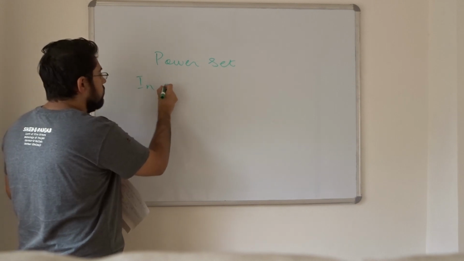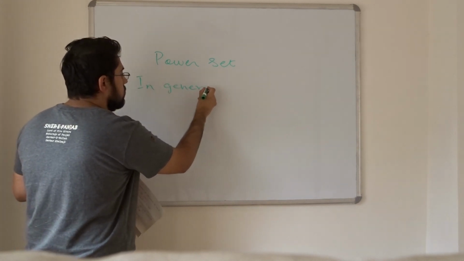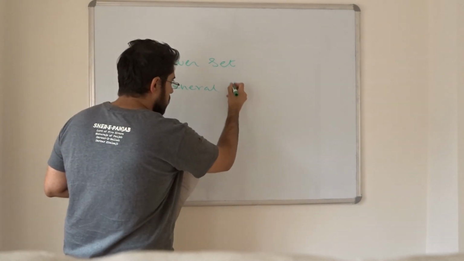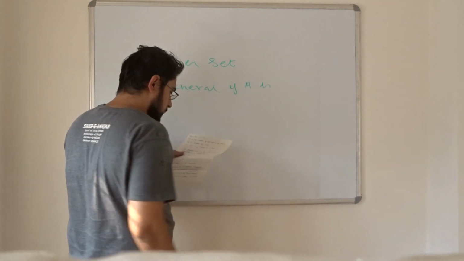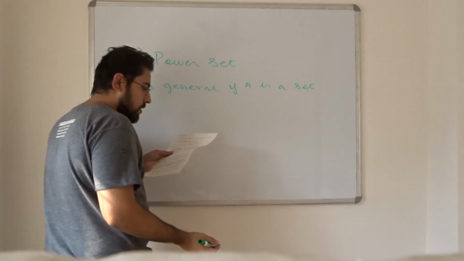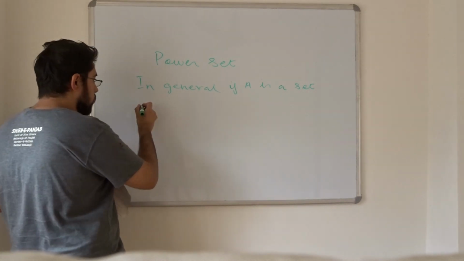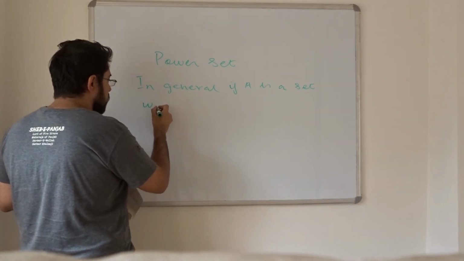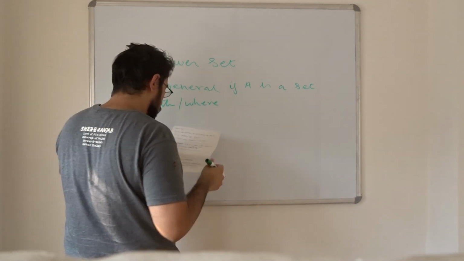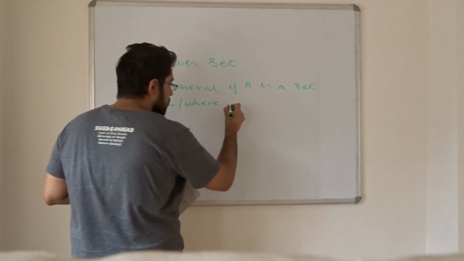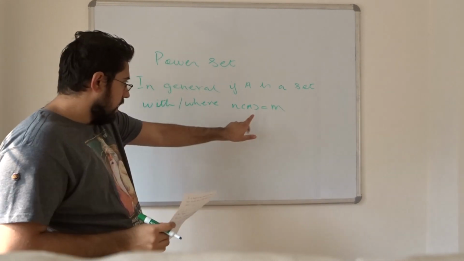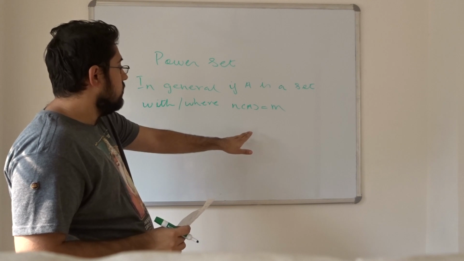So guys, in general, if A is a set with n elements, then the power set of A is equal to 2 to the power n.